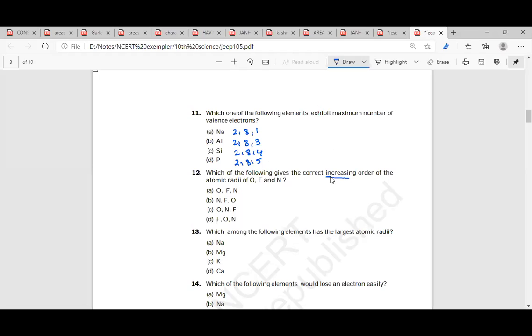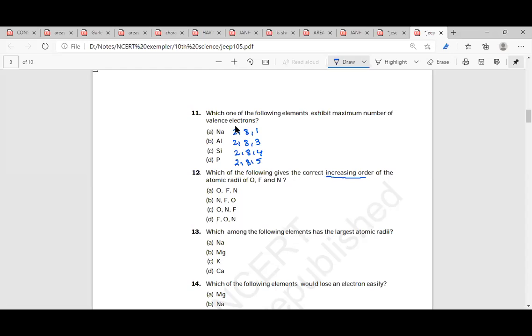Which of the following gives the correct increasing order of the atomic radii of O, F, N? Increasing order of atomic radii. Ma'am, I didn't get the question. Can you explain the question? O, F, N are the three elements.